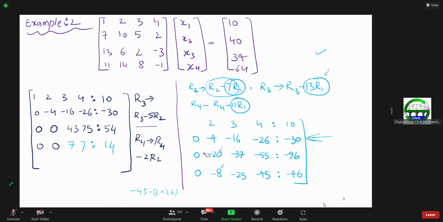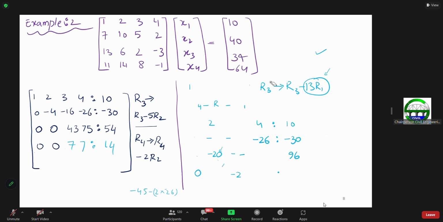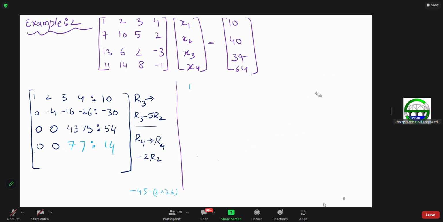I will just raise this one, and our last step is, okay, in our last step, we have to make this one equal to 0 using R3.